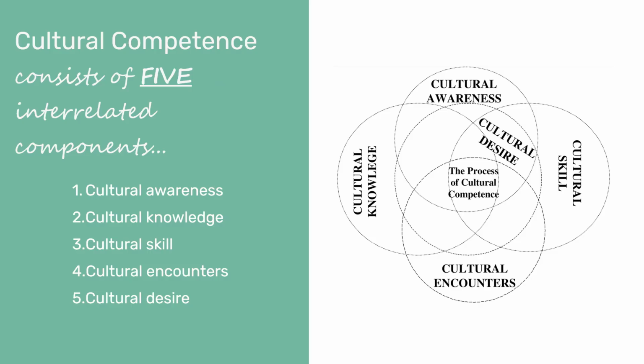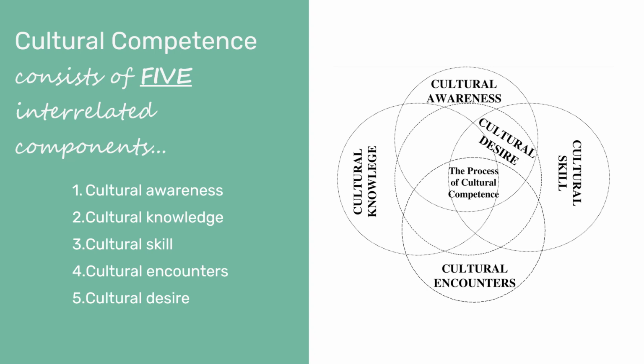So in order to be culturally competent, we must identify that there are these 5 components. These 5 components are interrelated, as you can see in the image, in order to be culturally competent. We'll provide more detail on the next few slides. So cultural awareness, that's just being able to recognize your own cultural background, values, and beliefs.